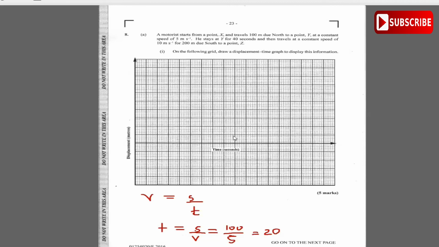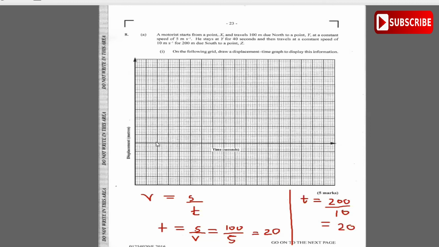So again, we need to work out the time for the last part of his journey. The time is going to be equal to the distance of 200 over the speed of 10. 200 over 10 is 20. So 20 and 20 is 40, and 40 is 80. So the total time he's been traveling for is 80.